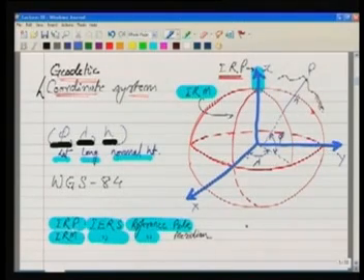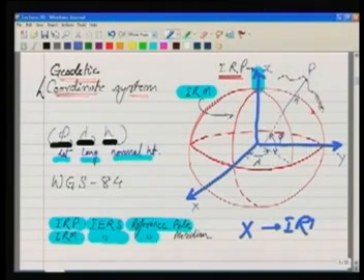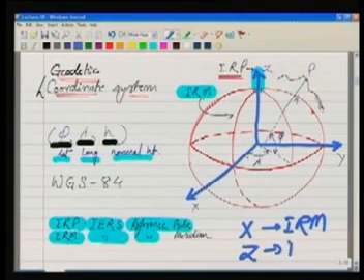So, basically x is fixed, it is IRM, and z is fixed because it is along IRP. Then the position of y is defined automatically because this is a right-handed coordinate system.